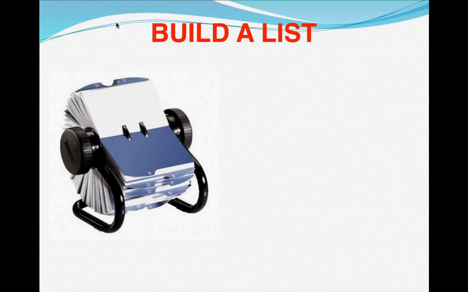Okay, so let's take a look at the history of building a list. Years ago, and again, this was my day, 1985, I started my software company at the age of 19. That thing right there sat on the end of my desk. It's a Rolodex, for any youngsters that are watching. You used to get in touch with somebody and flip through this thing when you needed to call them again.